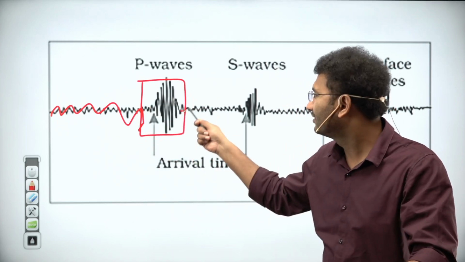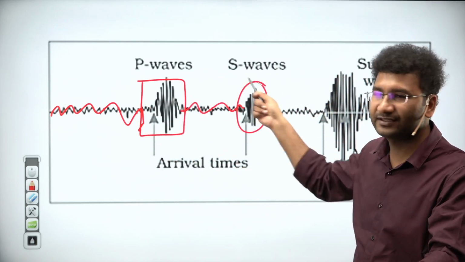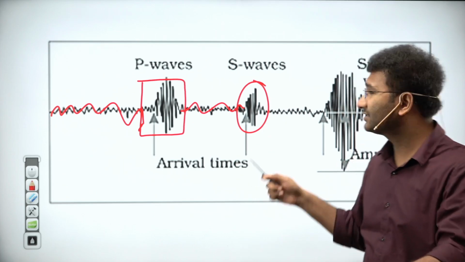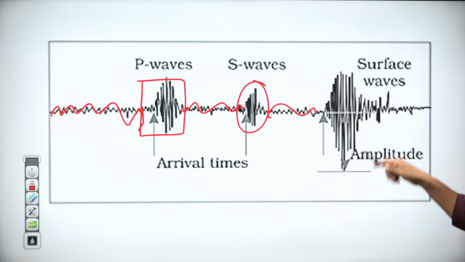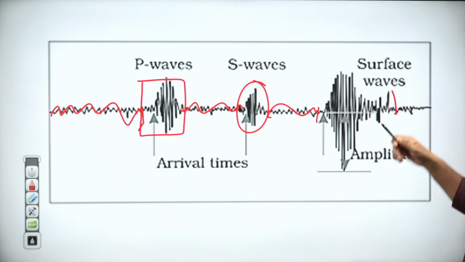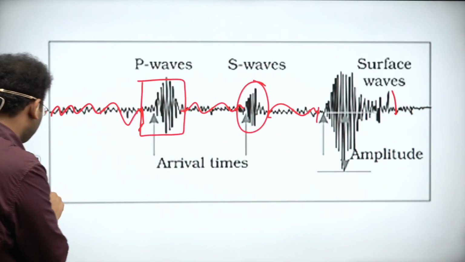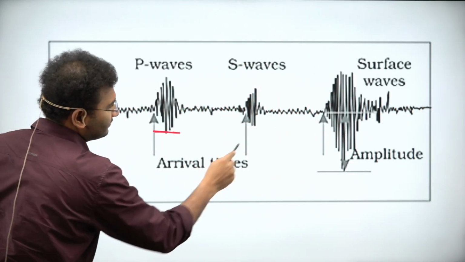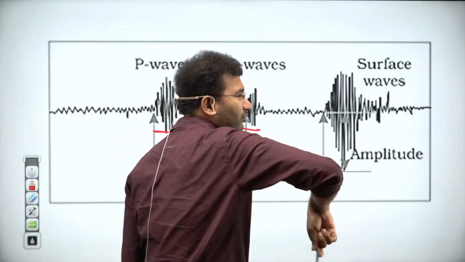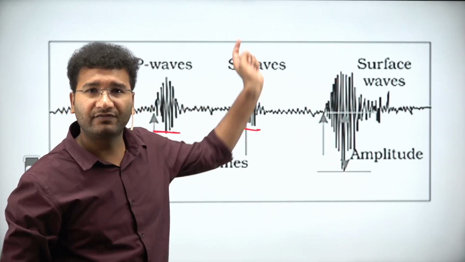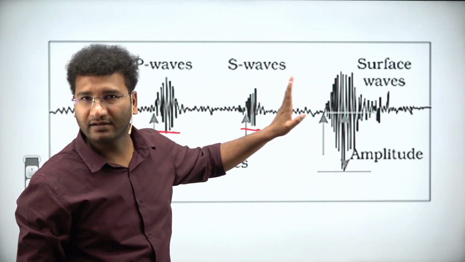After this, the next waves are called S waves. After the S waves you will find surface waves. Look, the surface waves are a little more dangerous. The duration of the surface waves is much longer. Look at this graph. They are very small waves, but look at the amplitude. Amplitude is the vigorous shaking.